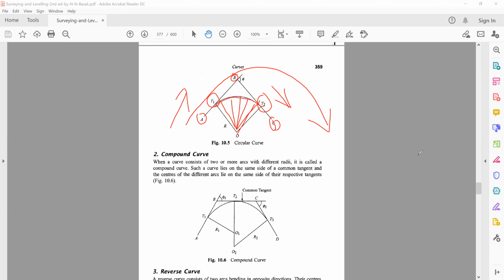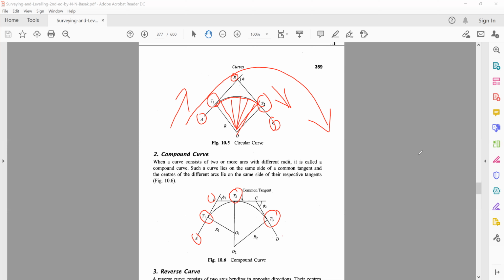So that's the difference. If you see this figure over here, we would divide this curve into, let's say, two or three different parts. So you have points A and B, your initial direction of travel, point T1 from where the first curve starts, the point T2 at which the first curve ends and from the same point the second curve starts, and the point T3 where the second curve ends.